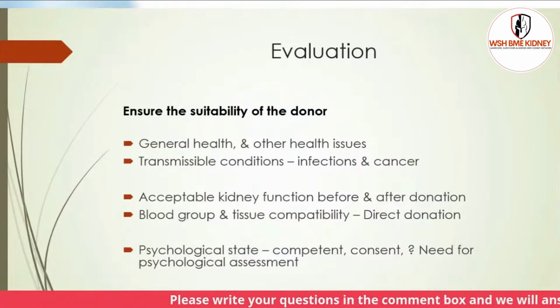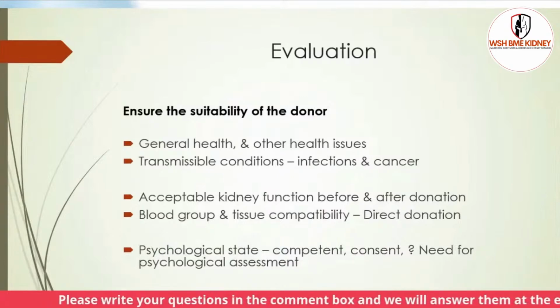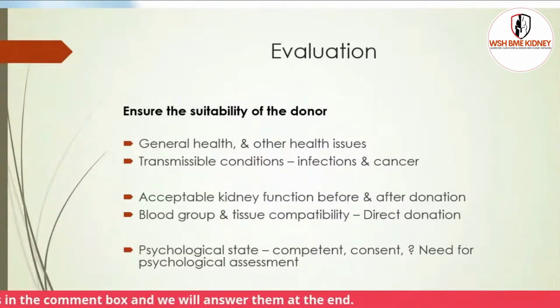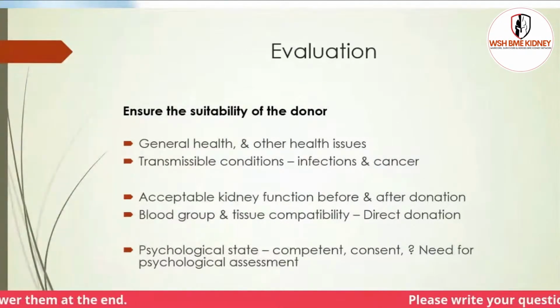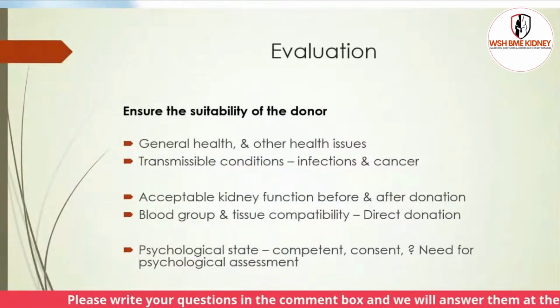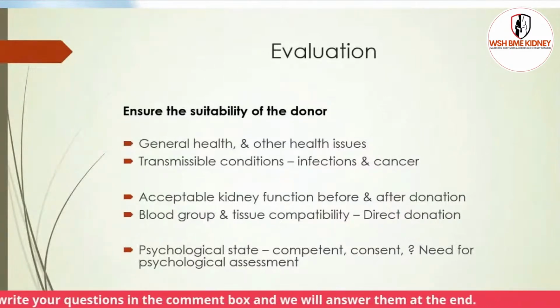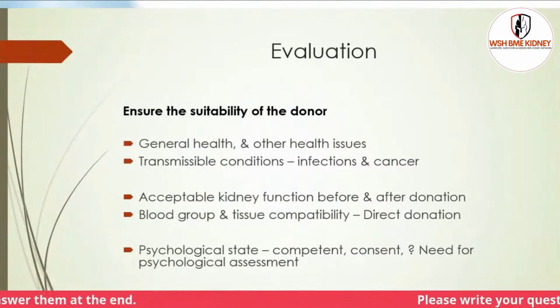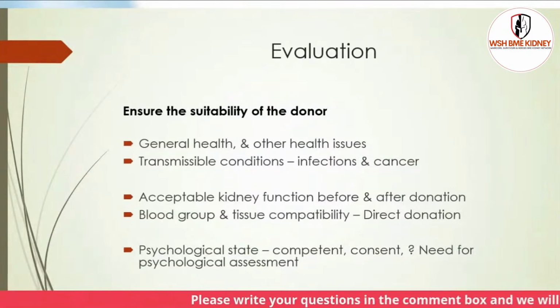And we also want to do a psychological state assessment to make sure that the person who is giving their organs is okay psychologically. So we don't want to exploit anyone. And sometimes, if we need to, we will send some patients for psychological assessment to see a psychologist, very, very rarely to see a psychiatrist if we are concerned.